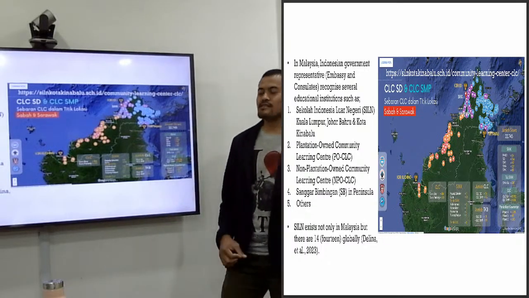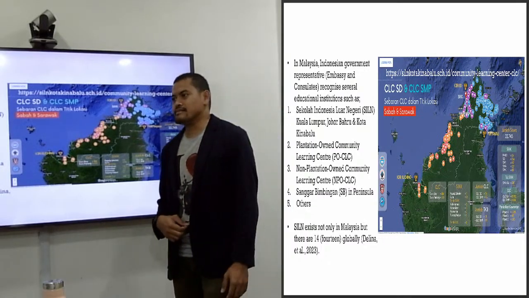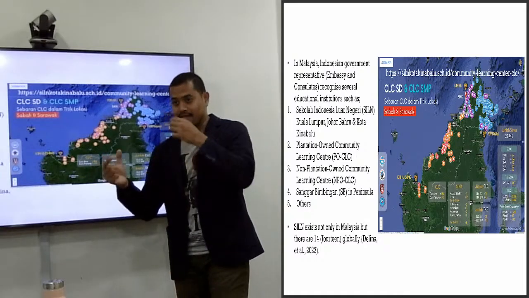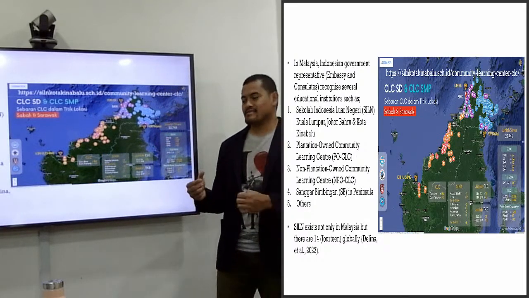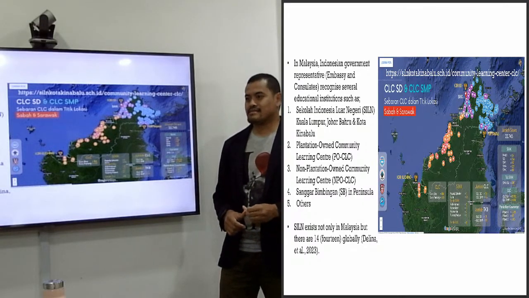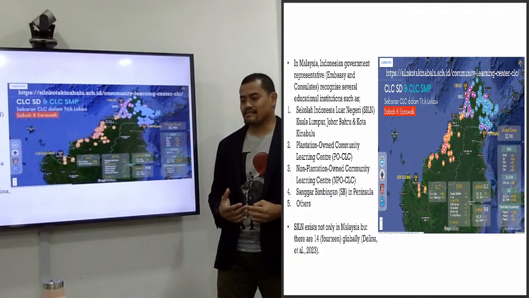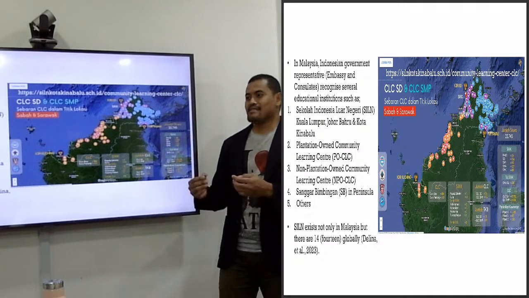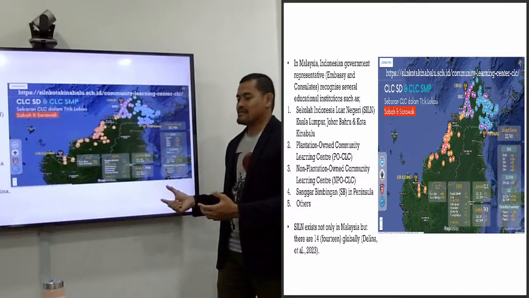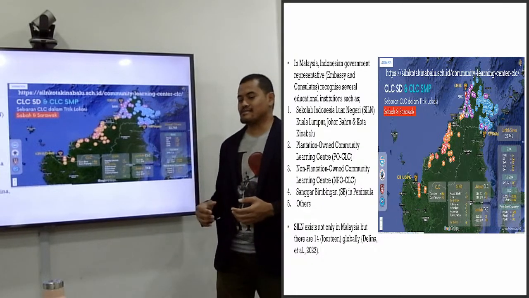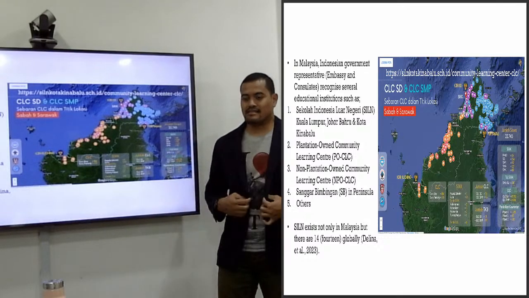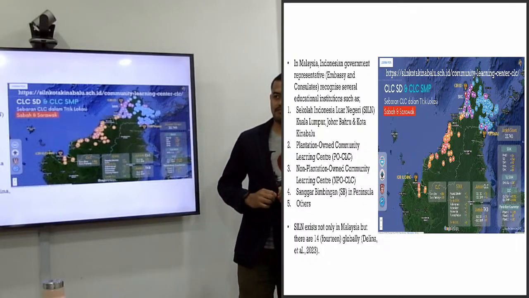So I think one of the reasons the consulate agrees to recognize these agents' CLCs is whether the agent can convince the consulate that if he institutionalizes the CLC, a certain number of students will study there. But if there are fewer numbers, the consulate might not accept the proposal.